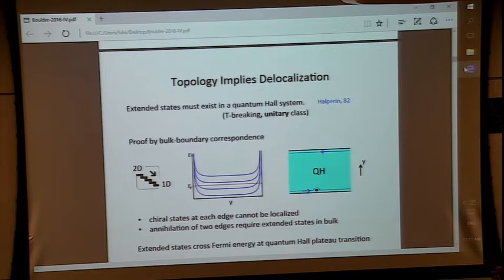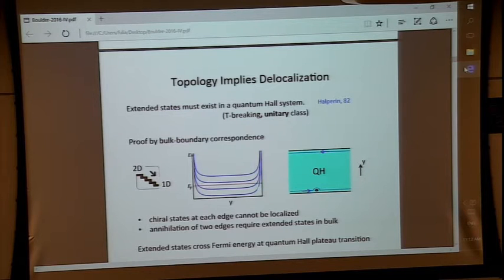Moreover, the presence of conducting edge states also implies there must be extended states in the bulk. Okay, so this argument was due to Halperin, and one way to think about it is that, for example, in the case of the integer quantum Hall effect, as we change the Fermi energy, the system must go through a sequence of phase transitions from quantum Hall states to a trivial state.